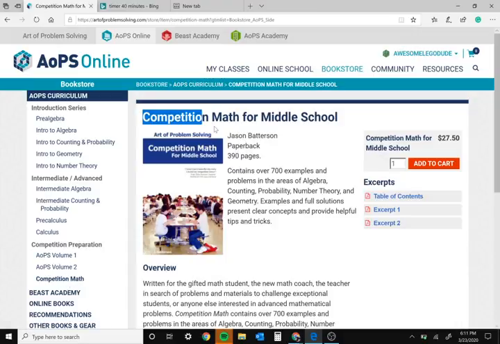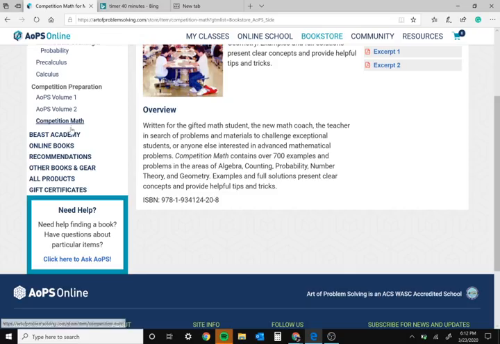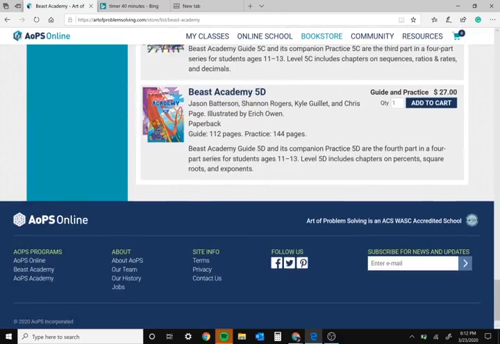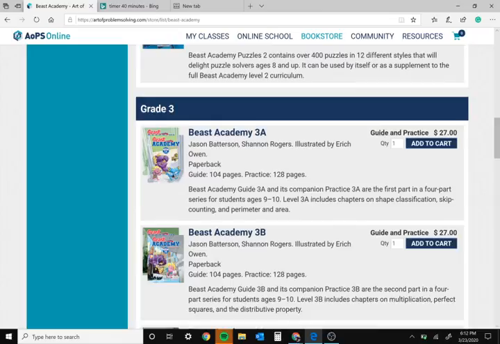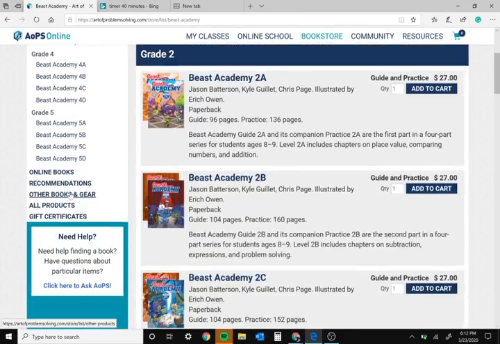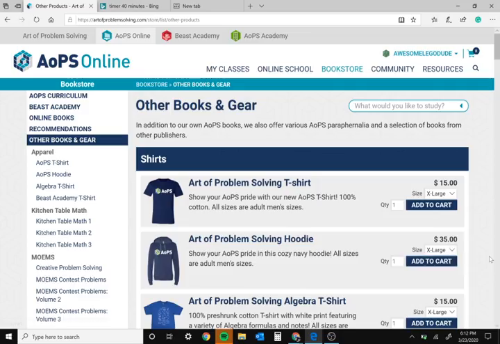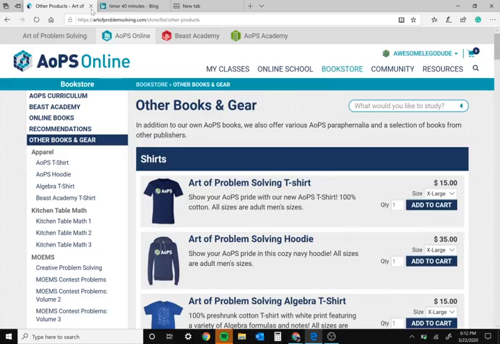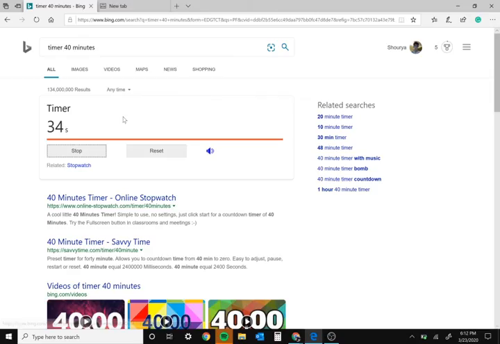Tons and tons. Beast Academy, if you're a newcomer, you've got comic books for 2nd through 5th grade. Pretty cool. I'm not sponsoring them or anything, but they're really good.